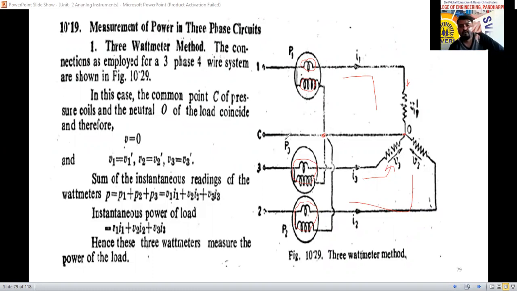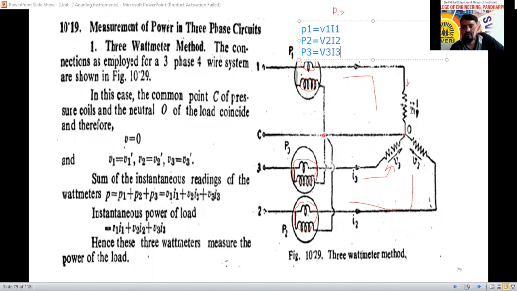So P1 equals V1 I1, P2 equals V2 I2, P3 equals V3 I3. Three phases are there, three loads are there.